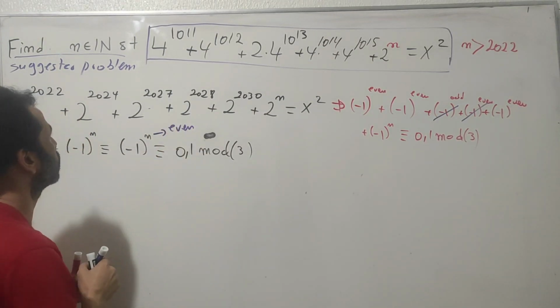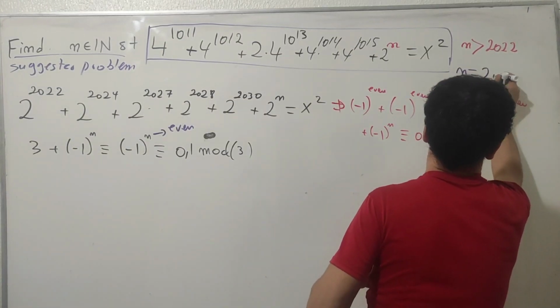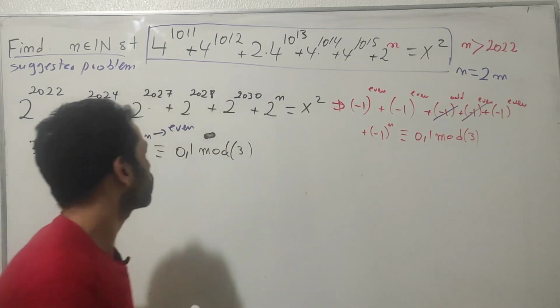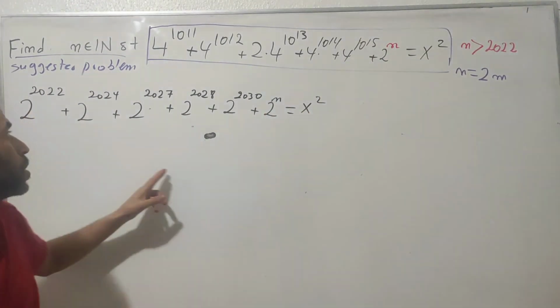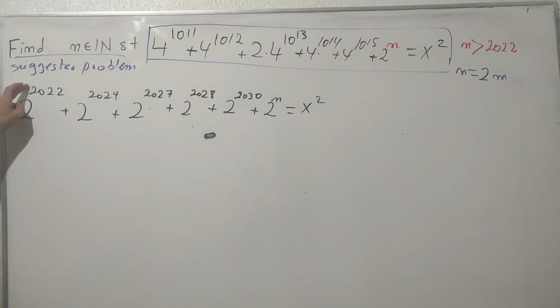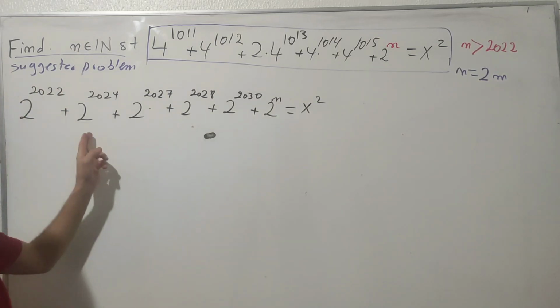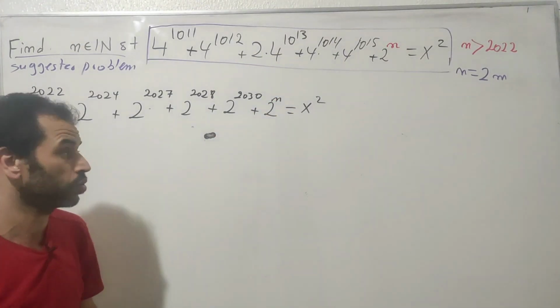If n is even, I'm going to put it in this form: n equals 2m. Now we need to make some factorization here. I'm going to take 2 to the 2022 as a common factor, since this is the smallest exponent compared with the rest of these terms, since n is strictly greater than 2022.